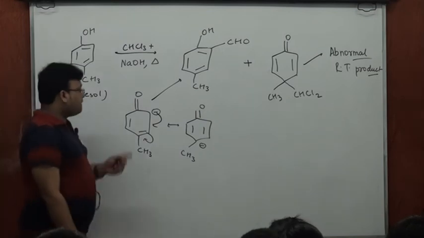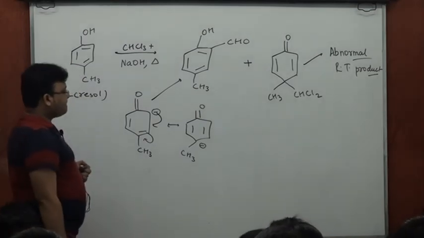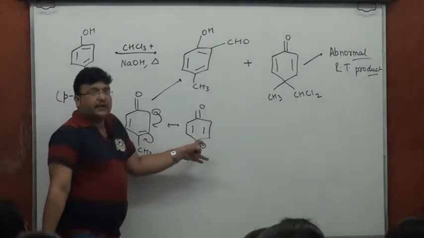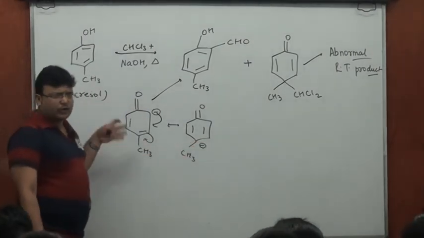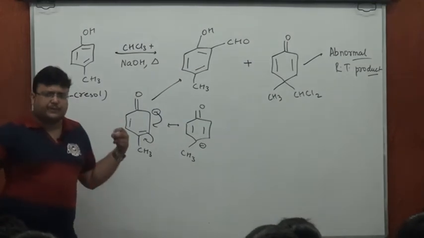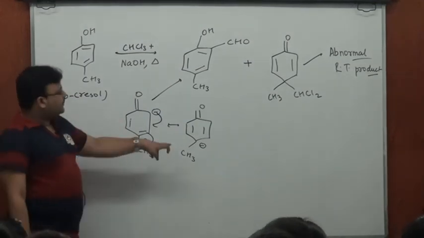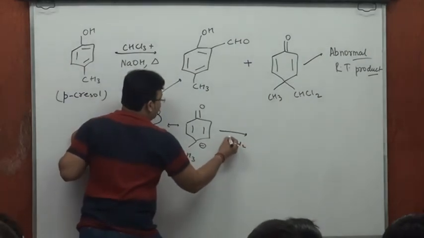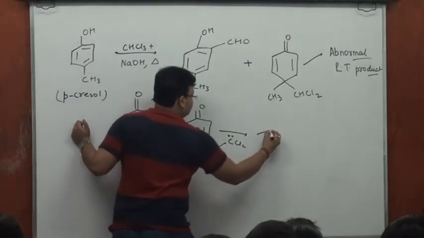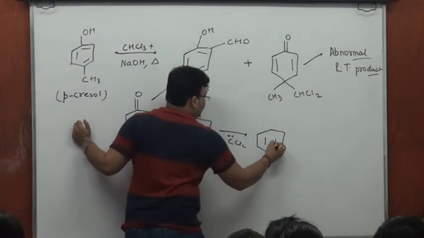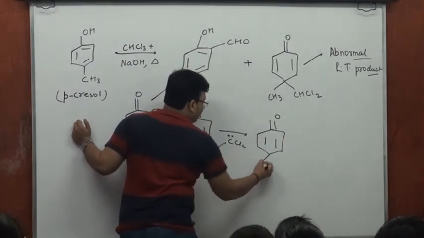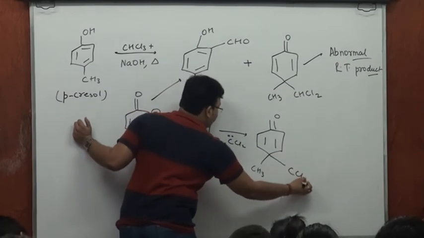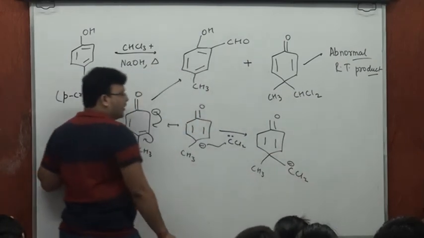Now certainly when CCl2 attacks the para position, because this is another resonating structure, that's why phenoxide is also para orienting. Both ortho and para products form simultaneously. When CCl2 comes and attacks here, or when CCl2 is invited here, so this is the intermediate. This is CCl2 with a negative sign now.